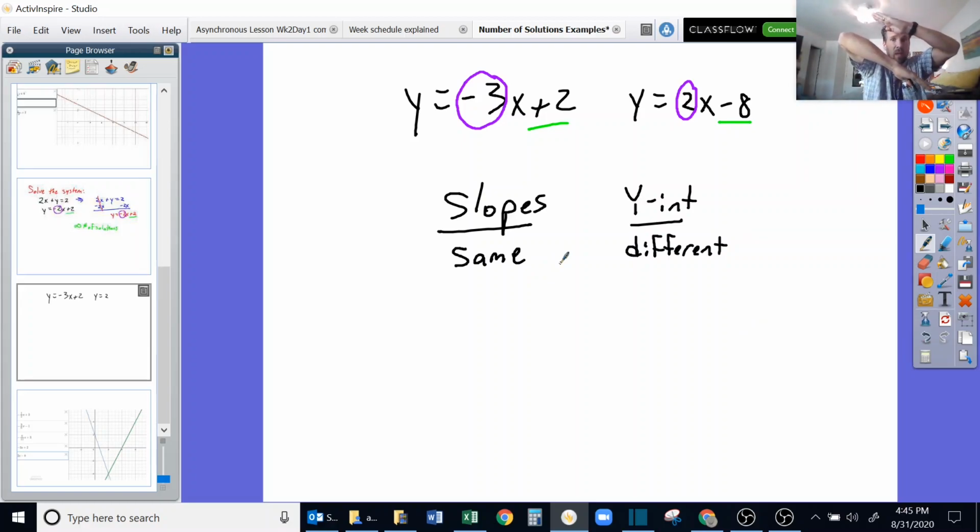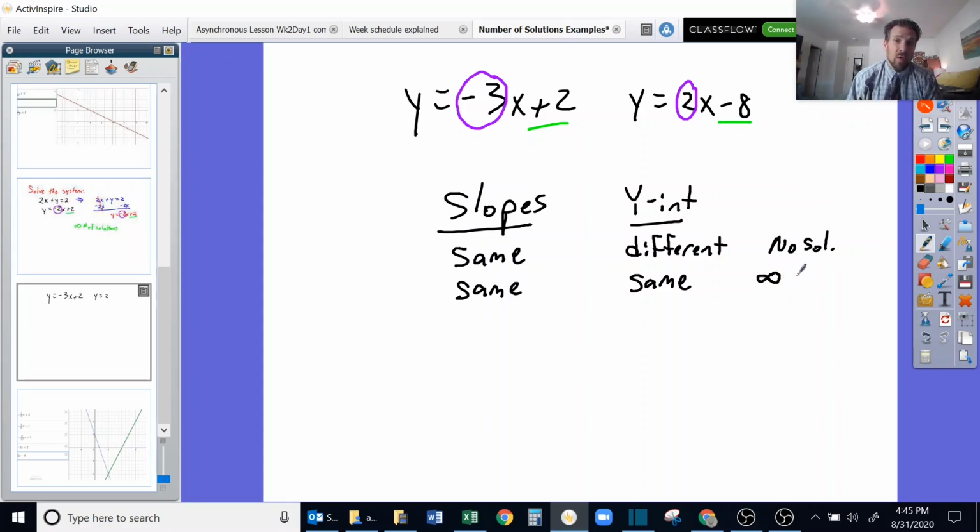They're not the same line, but they have that same angle because they have the same slope. This would have no solutions. If they have the same slope and the same y-intercept, well, we're talking about the same equation. Those cross everywhere. They're directly on top of each other. This has an infinite number of solutions.